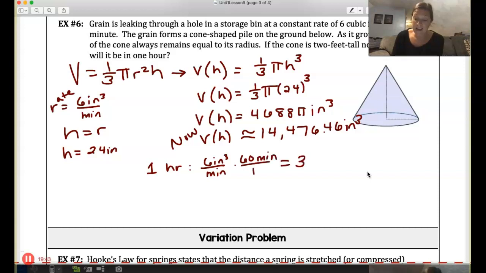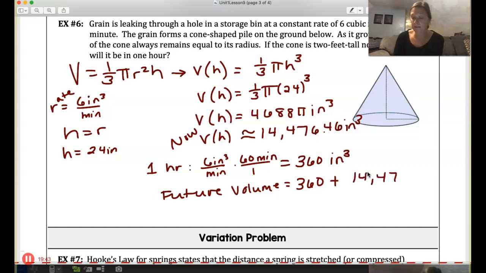So that means we're going to be adding 360 cubic inches within that hour. Okay. So my future volume, I guess we can call it, going into the future, is going to be equal to that 360 plus the now, which was 14,476.46 cubic inches. So my volume in terms of height is going to be, what does that get me?